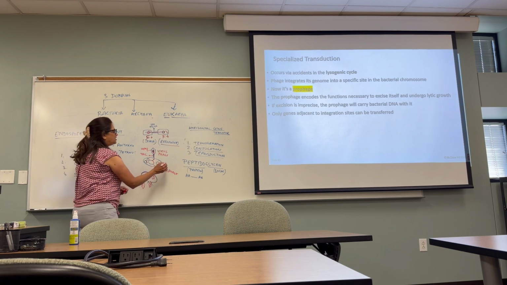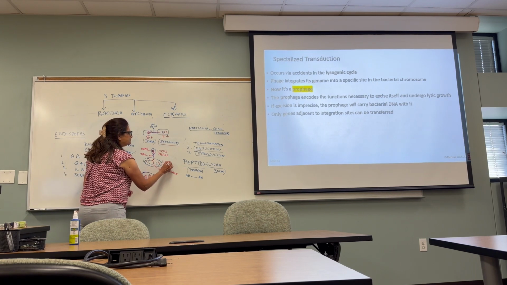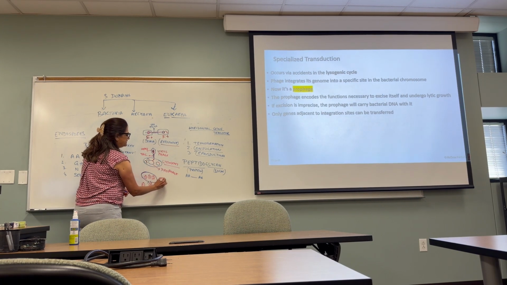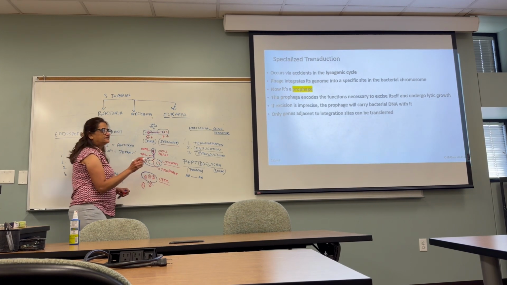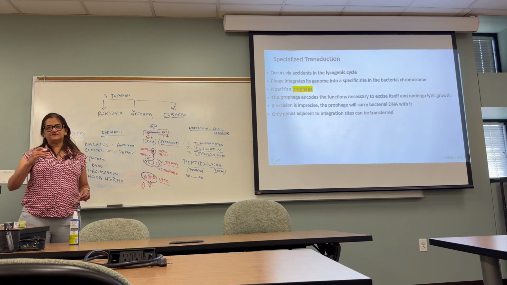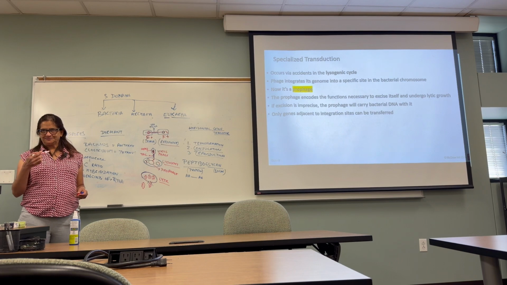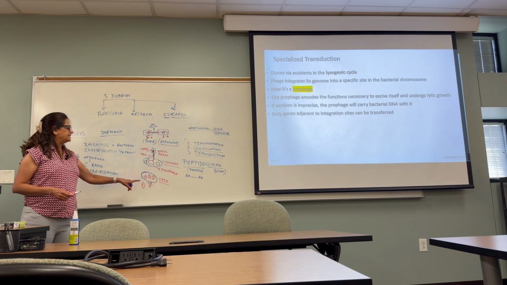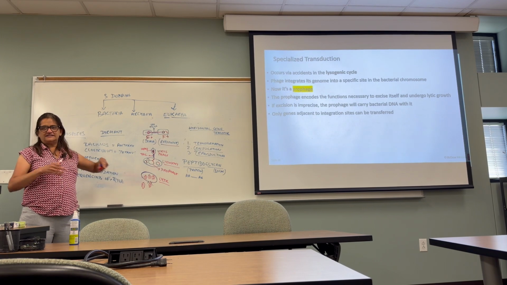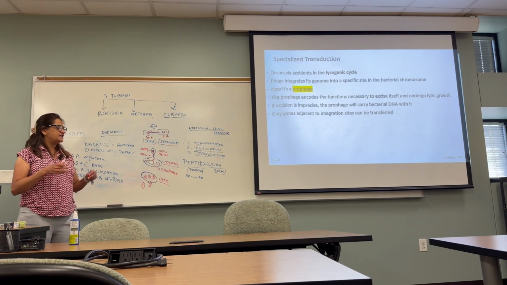So earlier, this is called lysogeny, and this is called the lytic cycle. These viruses can undergo two types of cycles. Lytic means it will cause lysis, it will burst open the bacterial cell wall in order to release when they are ready to get released.